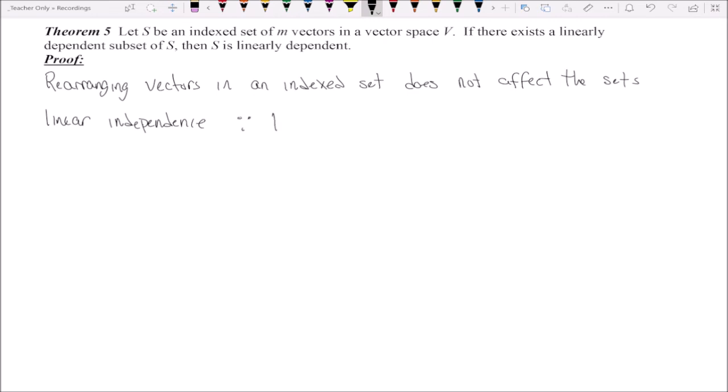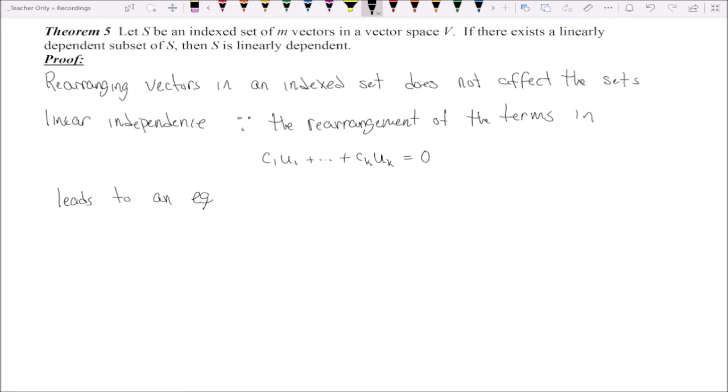Since the rearrangement of terms in the system C1 U1 plus so on and so forth plus CK UK is equal to 0 leads to an equivalent system.